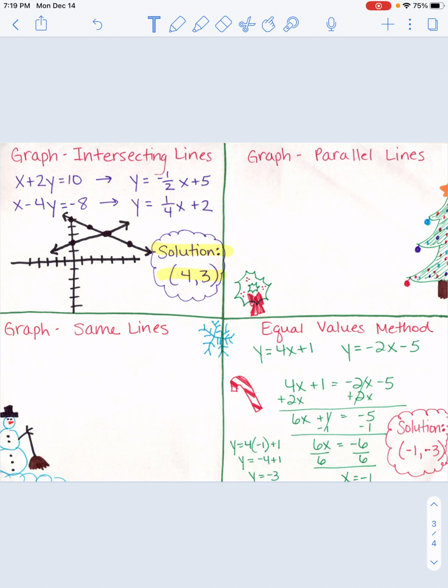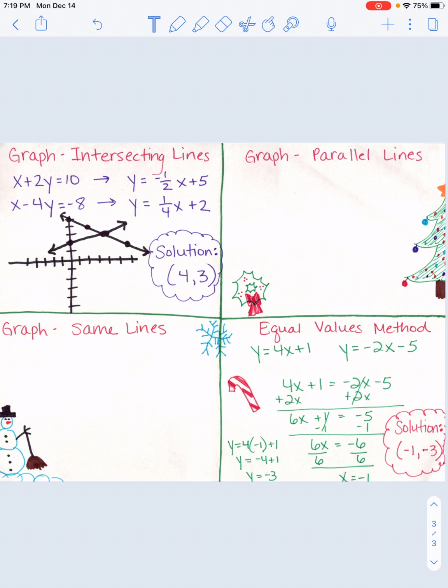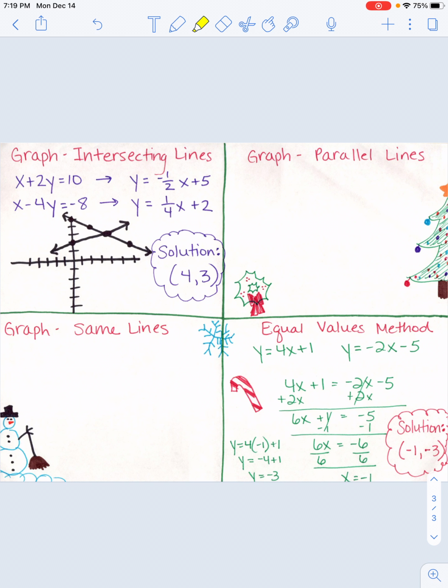The rest of the boxes on the front, I would find 2 systems of equations that would give you parallel lines and then graph it in this section right here. Parallel lines, same lines. And then in the bottom right-hand corner is an equal values method box.